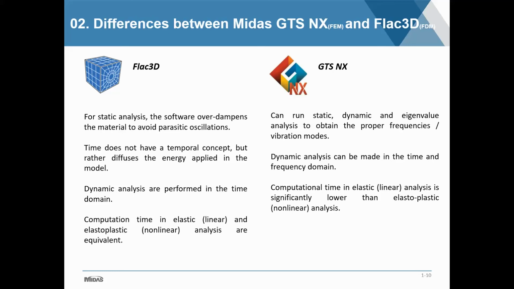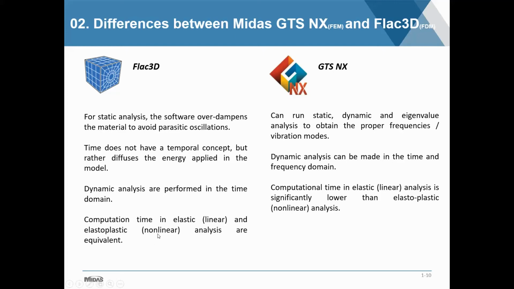Whereas in GTS NX, the dynamic analysis can be carried out in either the time or frequency domain. Flag can only carry out the dynamic analysis in the time domain. And another big difference for the two is that computational time for Flag is going to be the same regardless of whether the problem is behaving in an elastic, linear, or elastoplastic, nonlinear way.